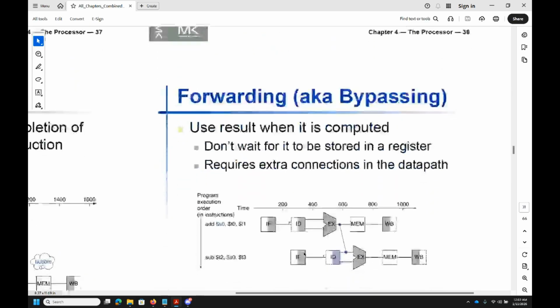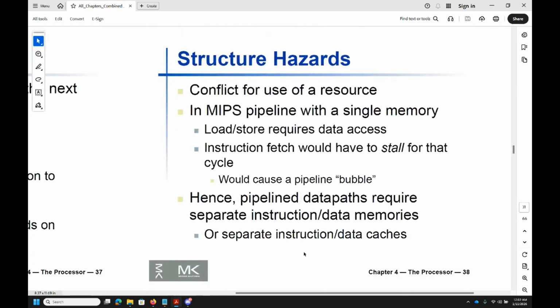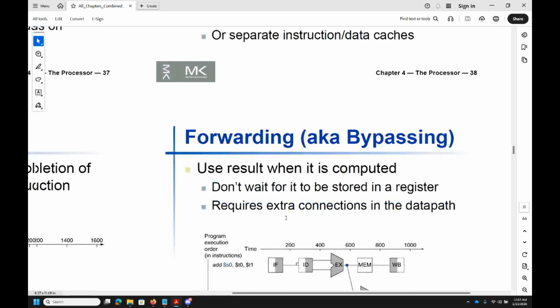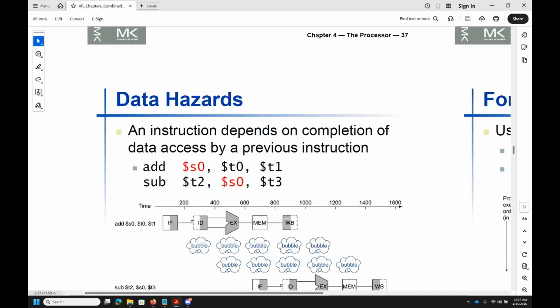That is physically not possible in the hardware. Load store requires data access, and instruction fetch will have to wait, right? So you can't do anything. The way to solve structural hazards is, you can never solve it in code. You have to build your hardware to avoid structural hazards. So you have separate instruction and data memories, separate instruction and data caches.